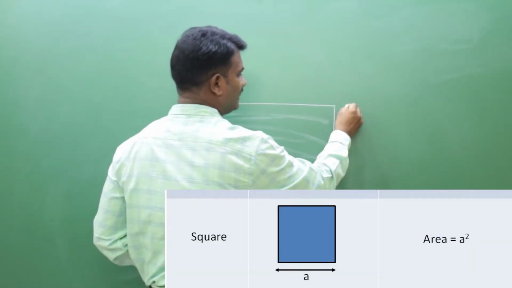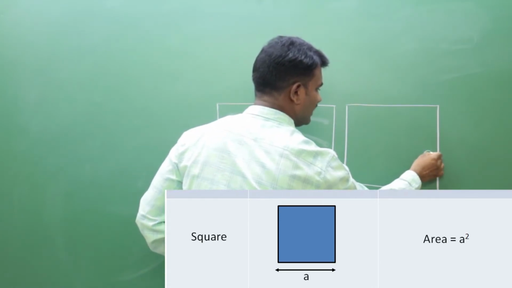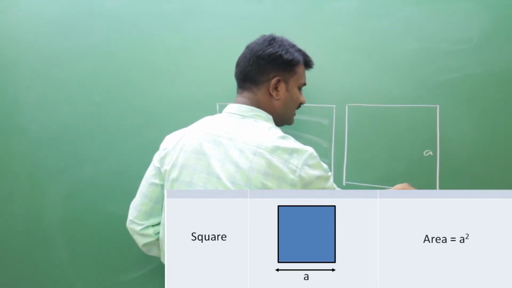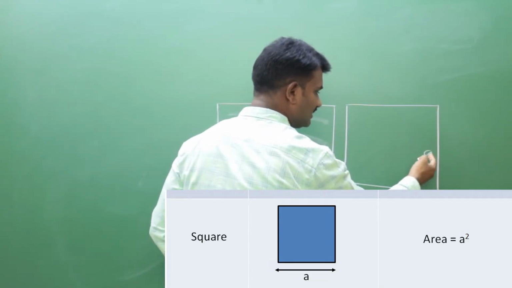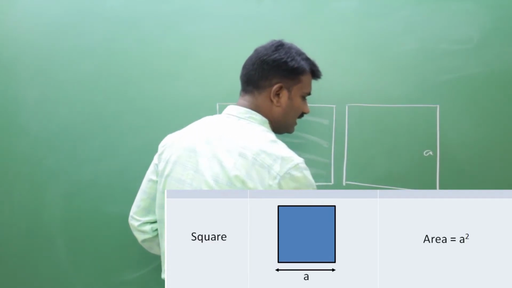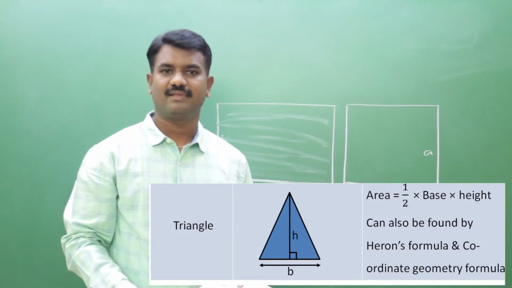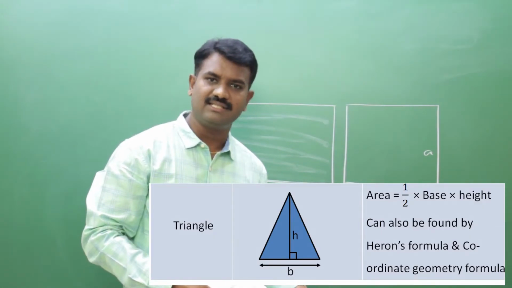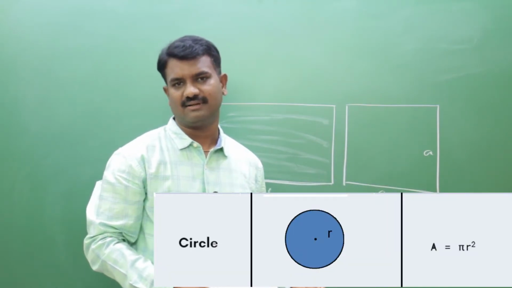If I take a square, the four sides are equal, A into A. So here also, if I treat one side as length and the other as breadth, the product of A and A is our area. If I take a triangle, it is half into base into height. If I take a circle, it is pi r square.